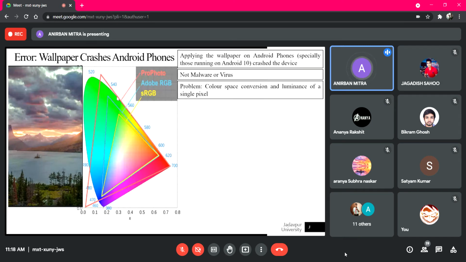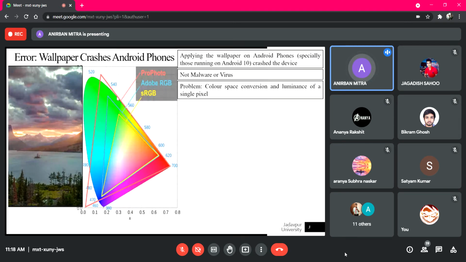However, it is not that the Androids can't handle this kind of color space. That means ProPhoto RGB. They have the capability to convert a ProPhoto image into sRGB. The conversion module is available.